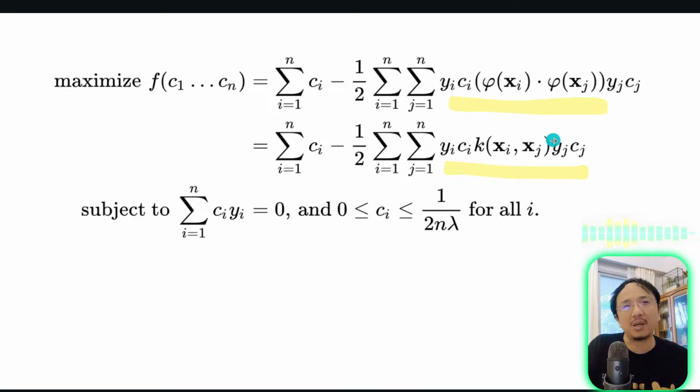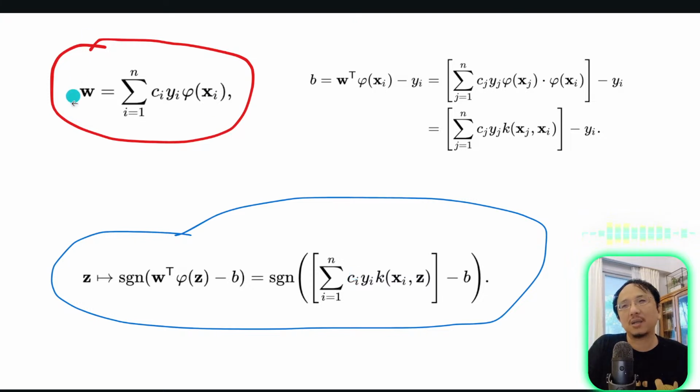So this one becomes k(x_i, x_j). Also, we write it down specifically so you can see, yes, we don't need the phi mappings right here. We only need k right here, and the constraints are not modified. It is exactly the same thing.